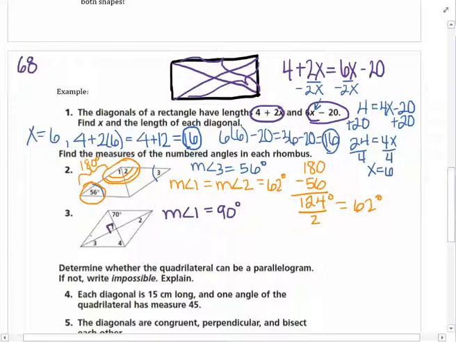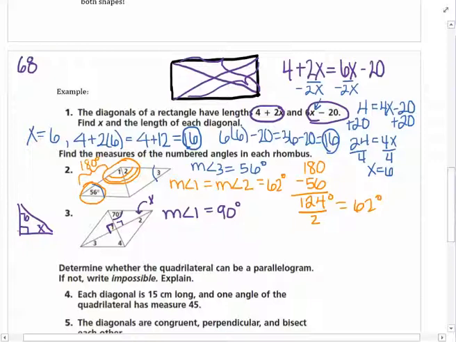Then this angle here is 70. This is going to be a right angle. We can figure out this angle, the one that's next to angle 2. Basically, the 70 and this angle, I'll call it x, are going to be complementary. Remember that means they add up to 90. I could say that if this is 70, this is x, I could just add them all up and set them equal to 180.